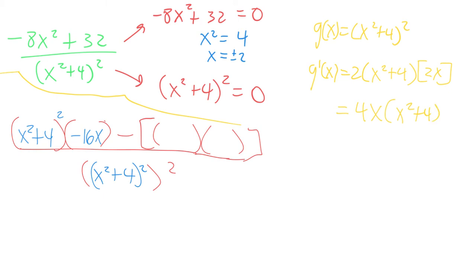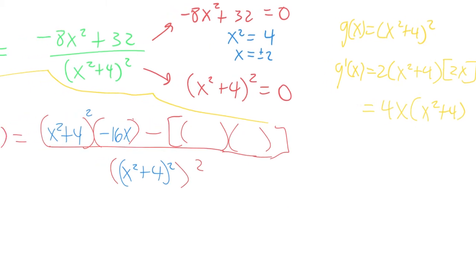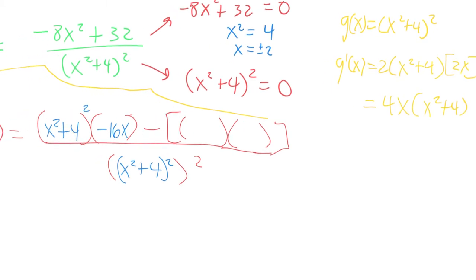Now, even though we're trained to distribute that, I am seeing there is potentially an opportunity to have a common factor up here of x squared plus 4 with this x squared plus 4. There's also an x squared plus 4 down below. So with experience, you might have the foresight to see that you might want to leave it like that.